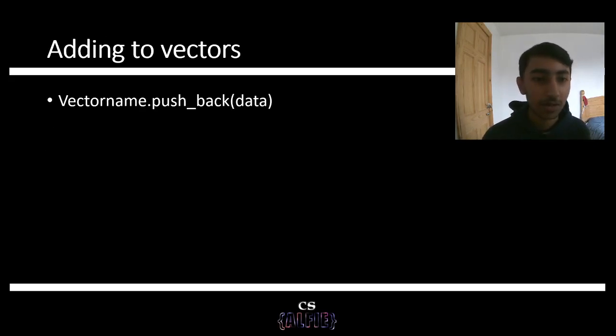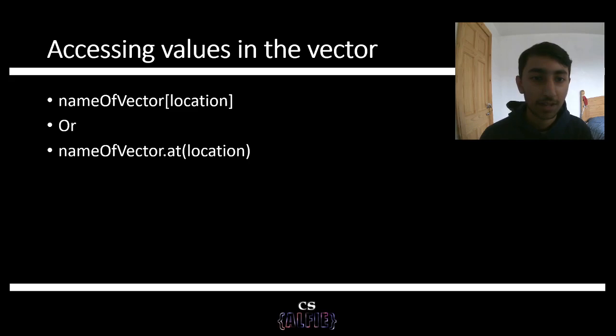So now how can we add to the vectors? To do this, we simply write the name of the vector dot push_back, and in brackets we write the data that we want to add to the vector. And how do we access the values?